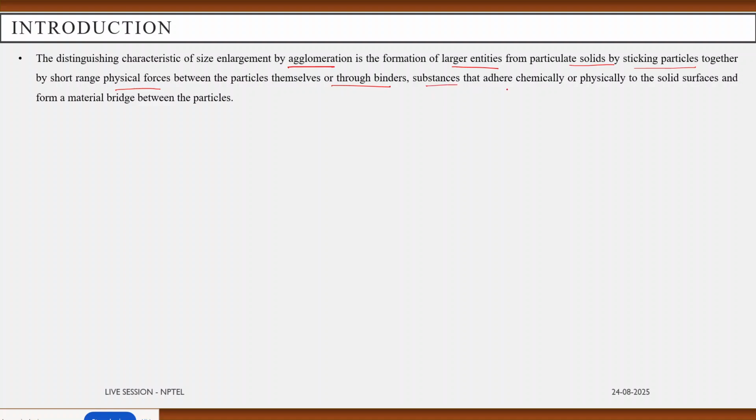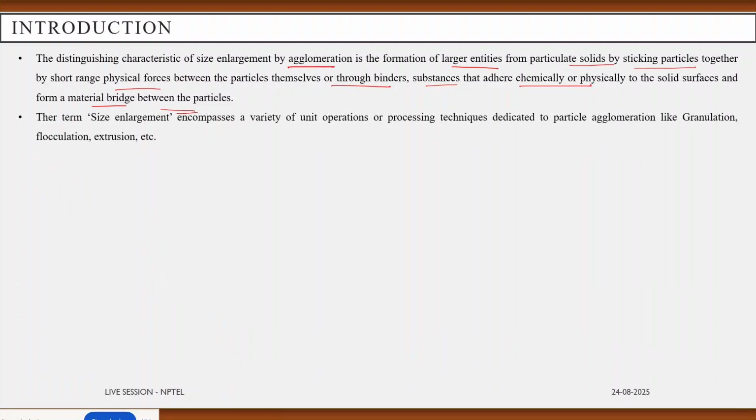The substances that adhere, chemically or physically, to the solid surfaces form a bridge between the particles. Thus, agglomerates form from particulate solids by sticking to each other.